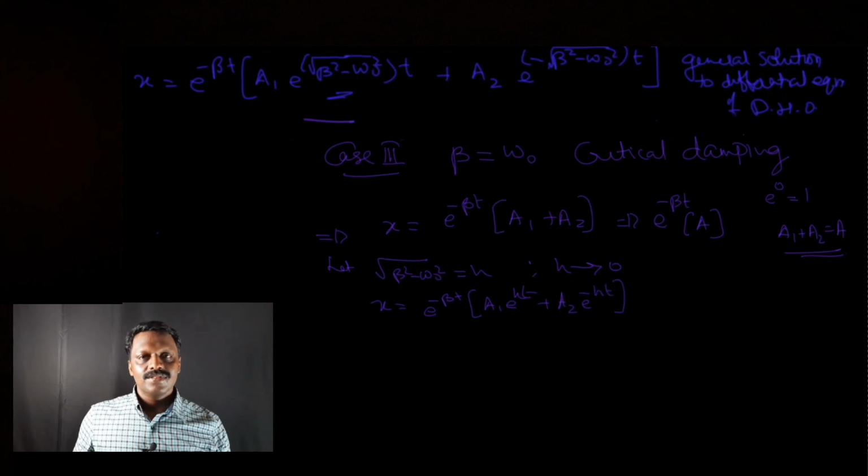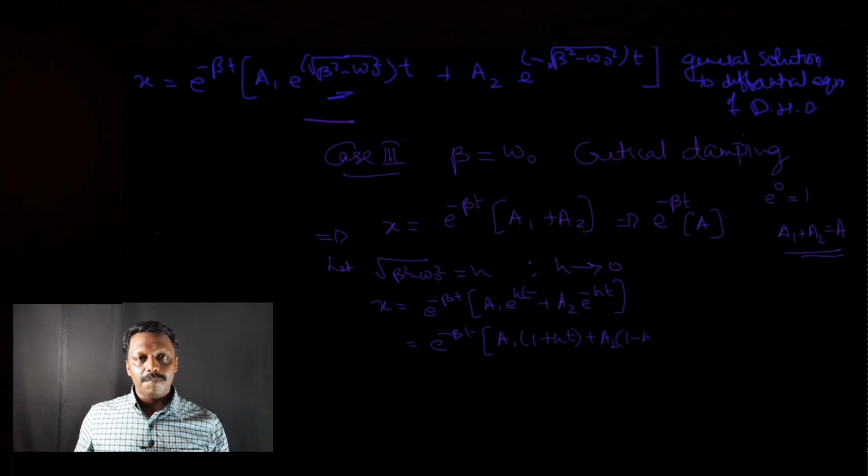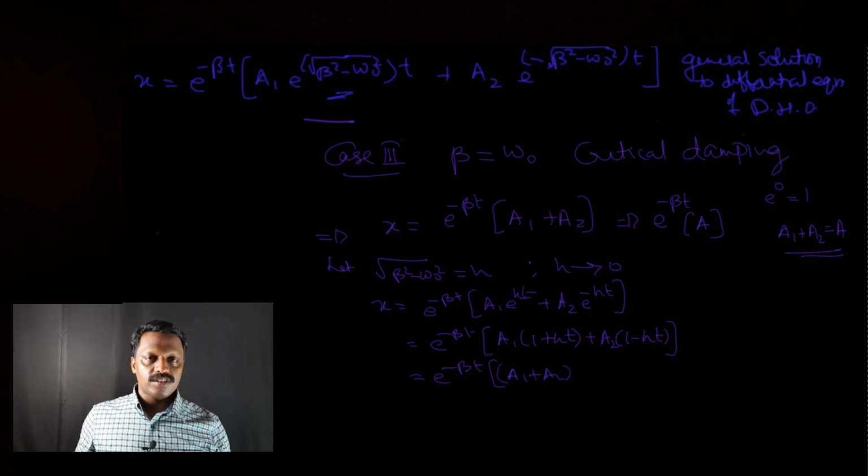Since it's a term containing e raised to ht, we can expand it in the general form as 1 plus x by 1 factorial plus x square by 2 factorial plus etc., and we can neglect the higher powers as h is very small, so the higher powers will be negligibly small. So the equation is modified as e raised to negative beta t times a1 plus a2 multiplied by 1 plus a1 minus a2 multiplied by ht.